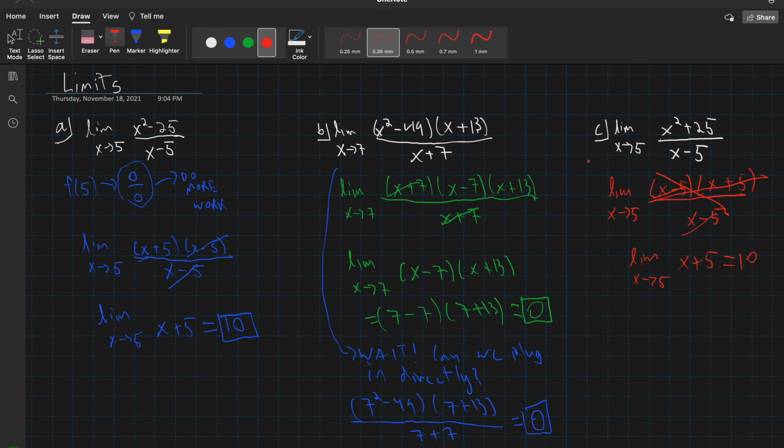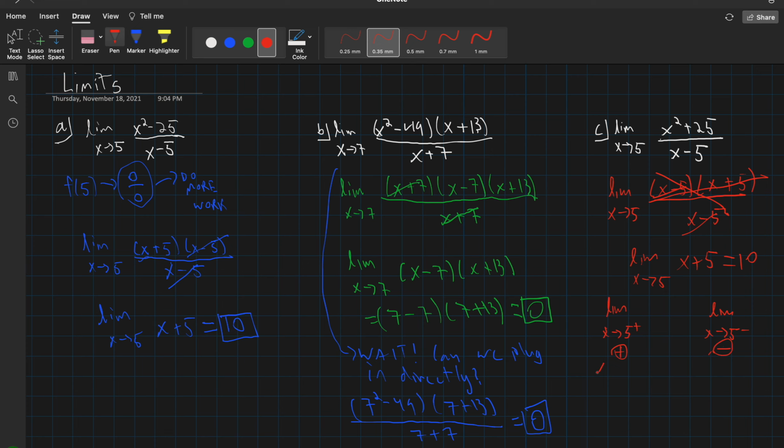So in the case for part C, we're actually going to want to approach from the right and left to get a better idea. So the limit as x approaches 5 from the right, and the limit as x approaches 5 from the left. So the way I like to tackle these problems is using a table to get the general trend.